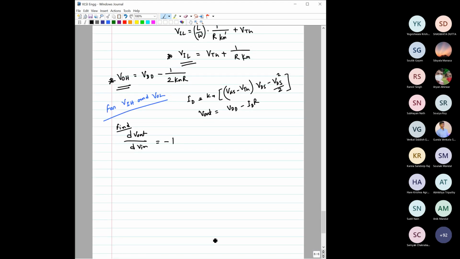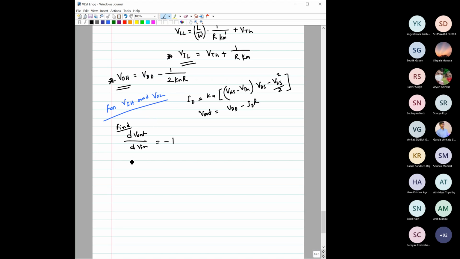Once you do that, you will find the values of VOL and VIH.